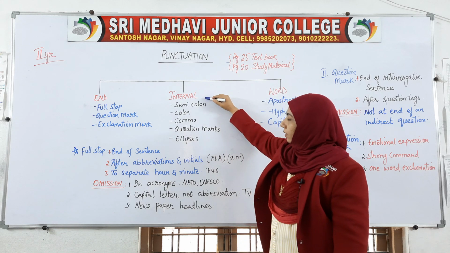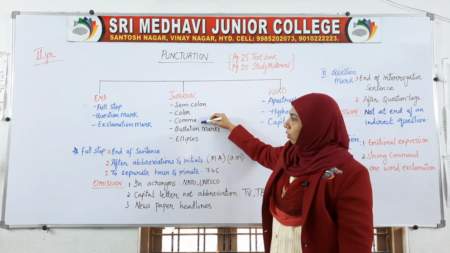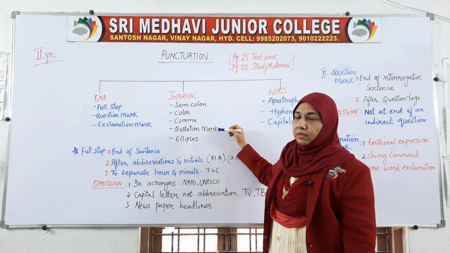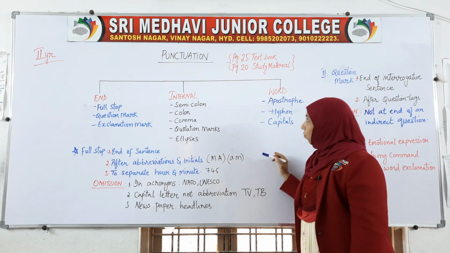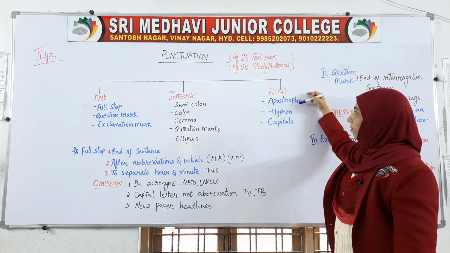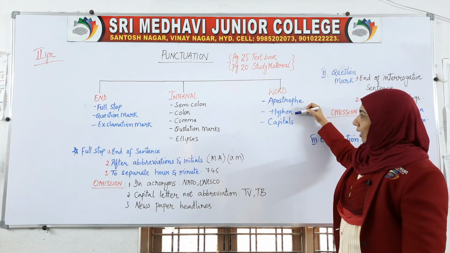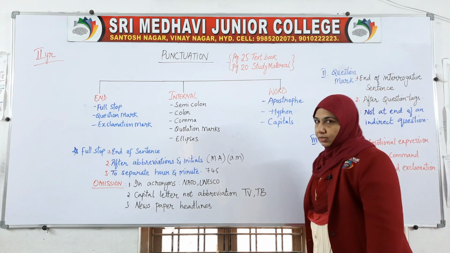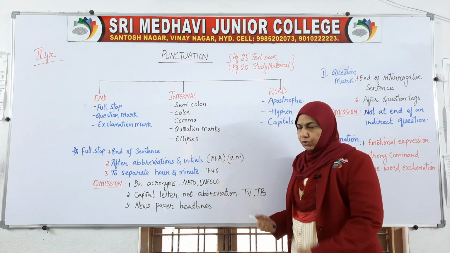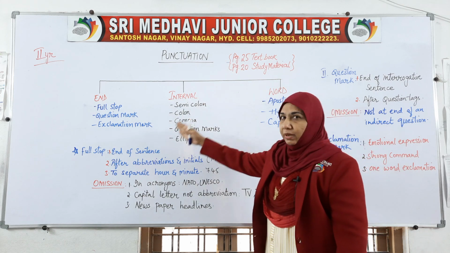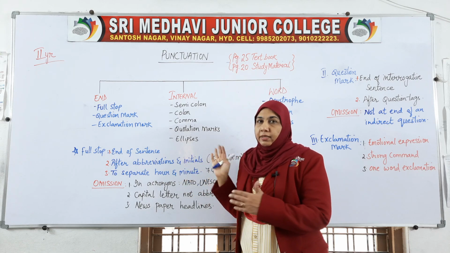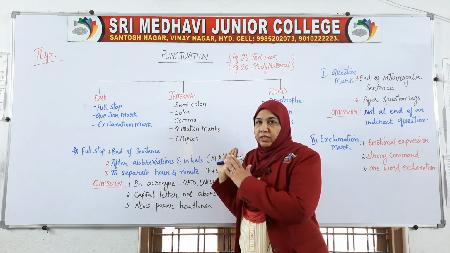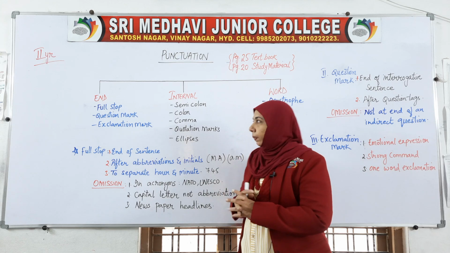In internal punctuation, semicolon, colon, comma, quotation marks and ellipses. In word punctuation we have the apostrophe, hyphen and capitals, that is, where capital letters are to be used. We'll go one by one with the explanation, so I hope you can understand these punctuation marks in a better way.